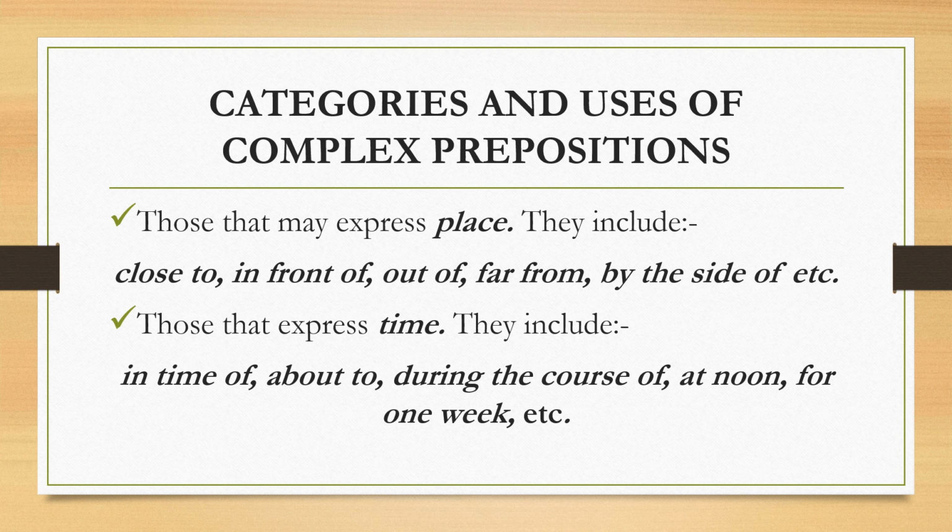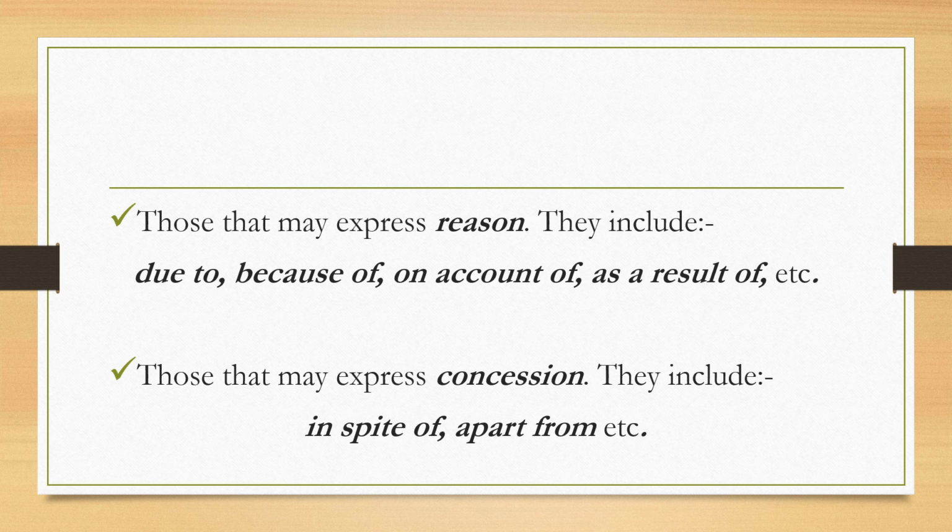Then we have those that express time. When we want to talk about a particular hour, we use the following: in time of, about to, during the course of, at noon, for 1 week, etc. Then we have others that may express reason, and those include due to, because of, on account of, as a result of, etc. Then we have those that may express concession.